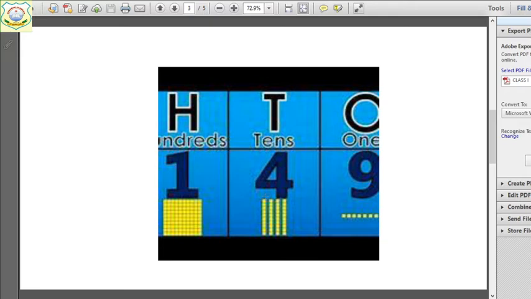Yes, 4 is in tens place. Which number is in hundreds place? 1 is in hundreds place. So 9 is in ones place, 4 is in tens place and 1 is in hundreds place. 9 ones, 4 tens, 1 hundreds.